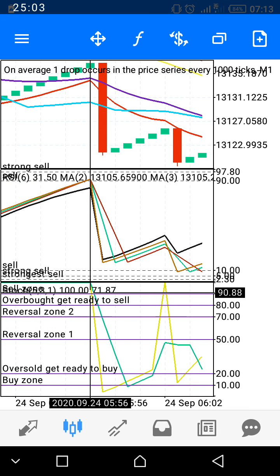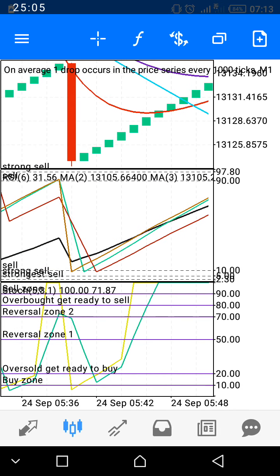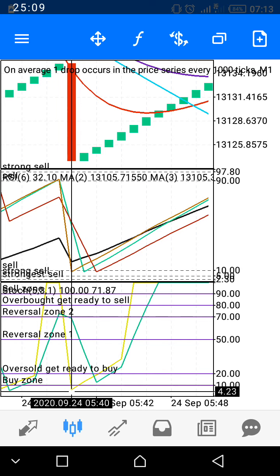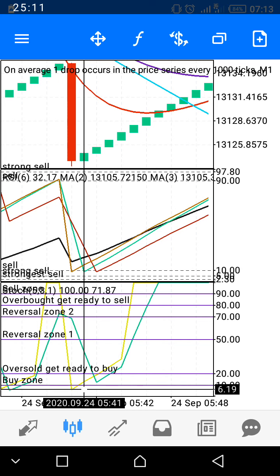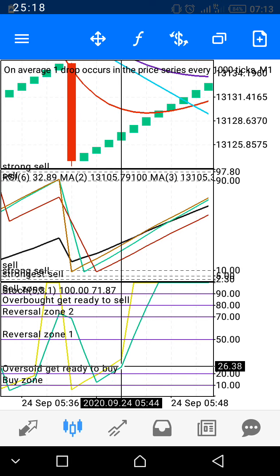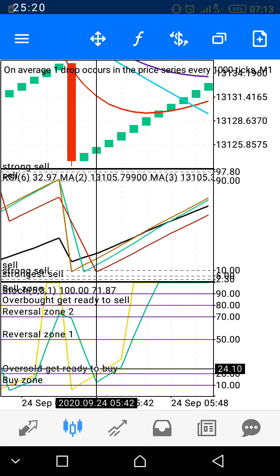You see, it was buying from here. Once the yellow got to this buy zone, it bought continuously. It crossed the green upward. So once you see the yellow cross the green upward, it's going to buy.